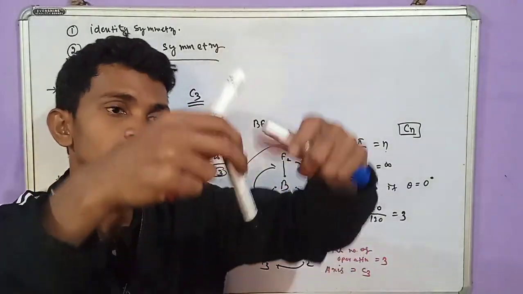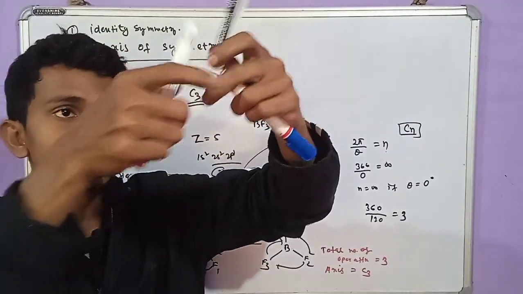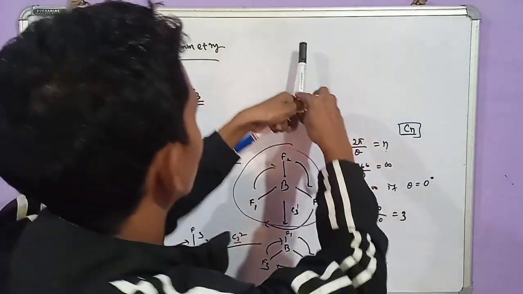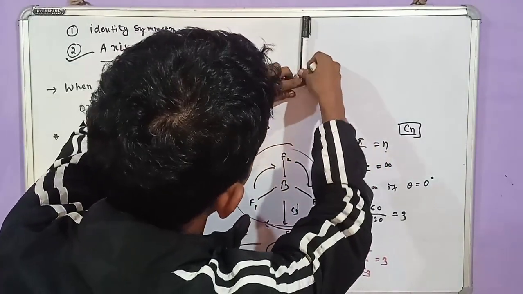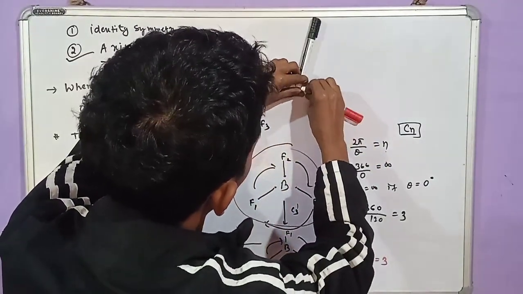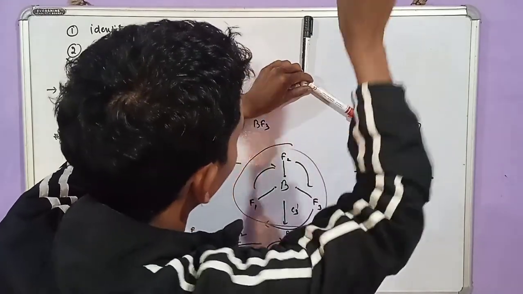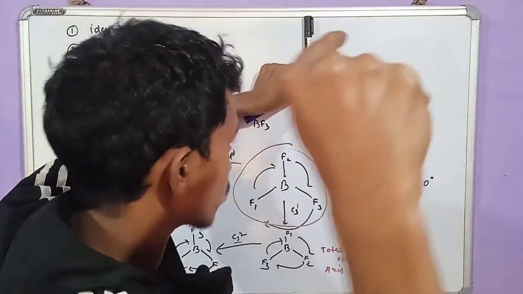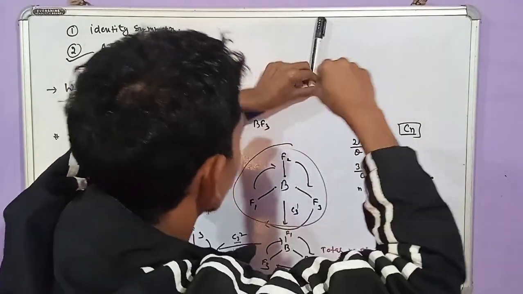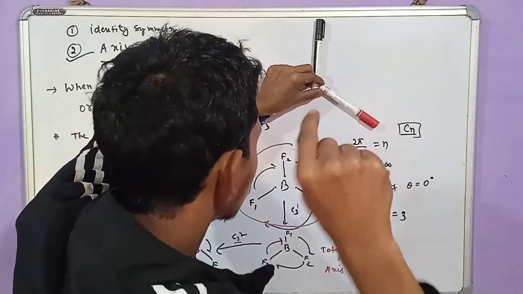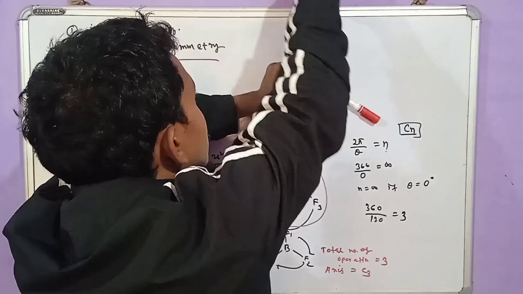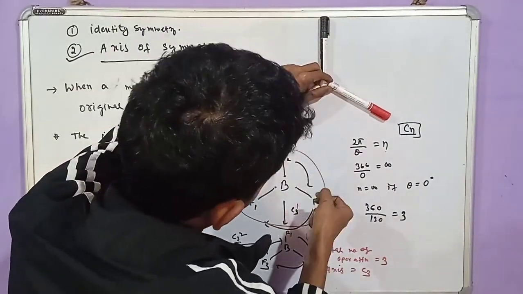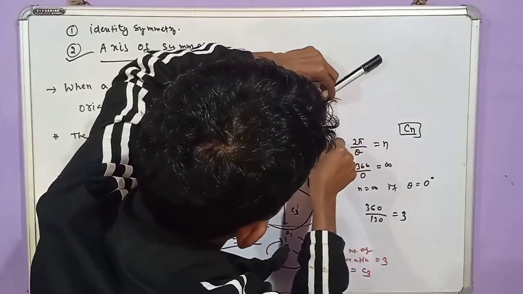So let's say these molecules are planar, meaning all the atoms lie in the plane. If I pass one axis cutting through this, this is C3 passing through here, and after that I rotate. Now for C2, I pass the thread here, and then if I rotate the thread, this will rotate like this.